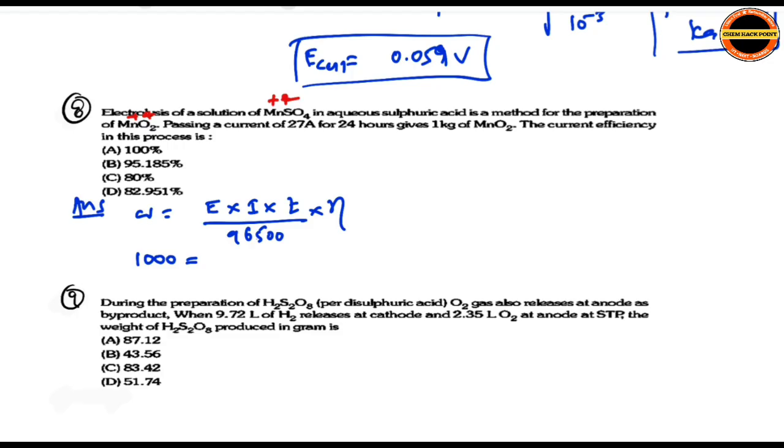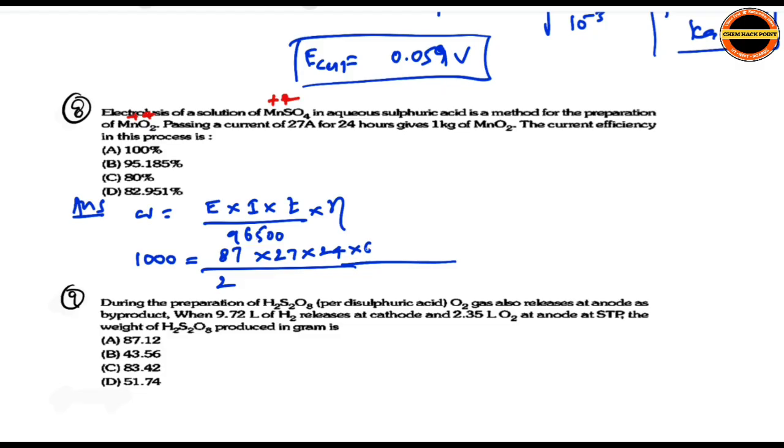The molar mass of MnO2 is 55 plus 32, so I can write the molar mass 87 by its n factor. The n factor is 2 because of the change you see. The current is 27 ampere, time is 24 hours.